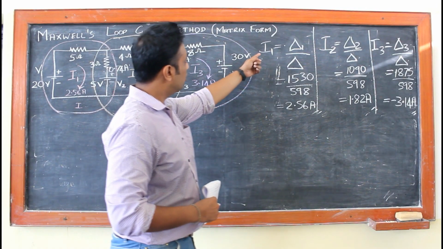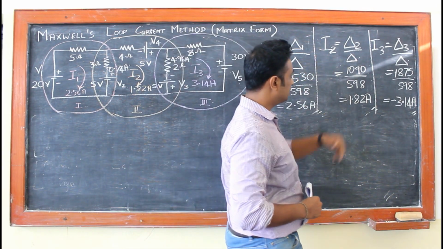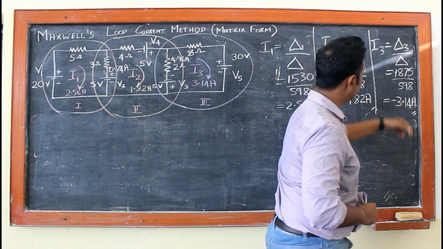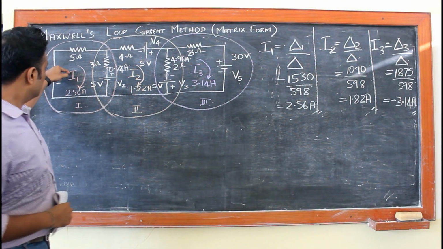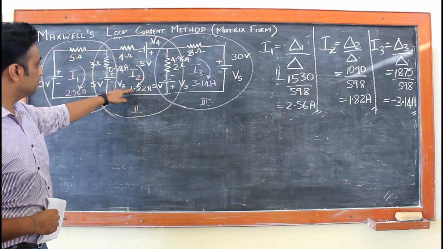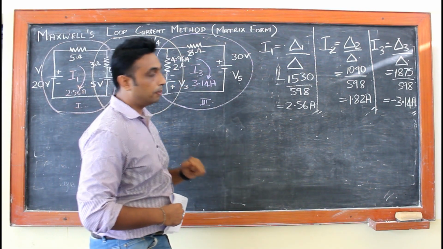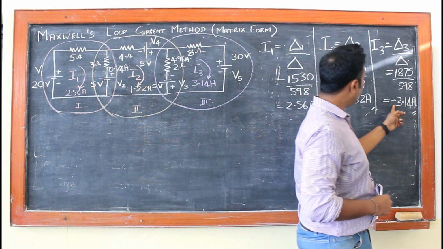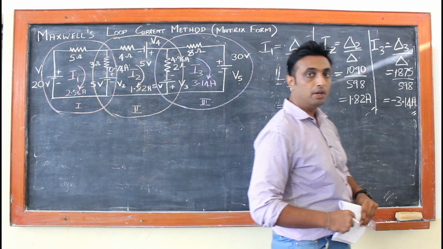So basically we got I1 equals 2.56, I2 equals 1.82 and I3 equals minus 3.14.